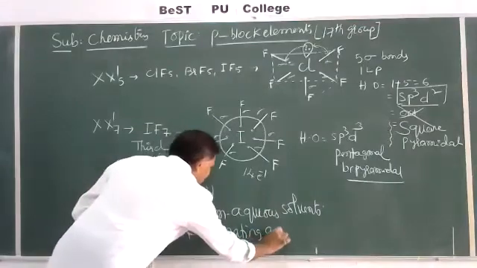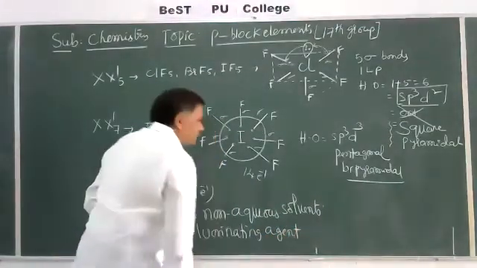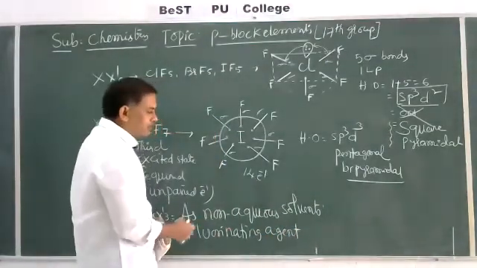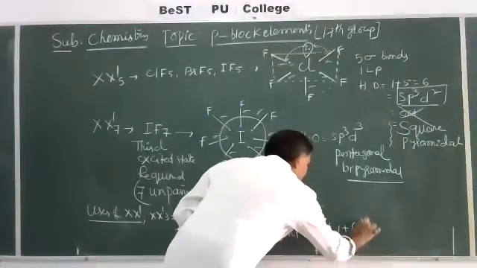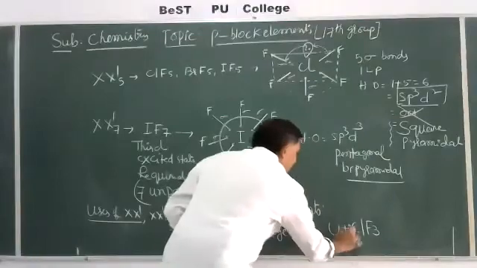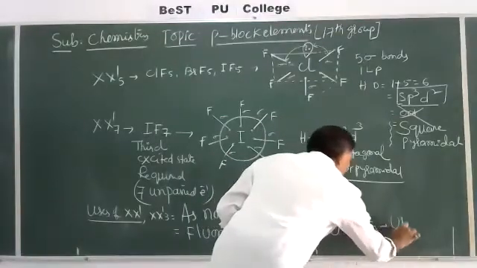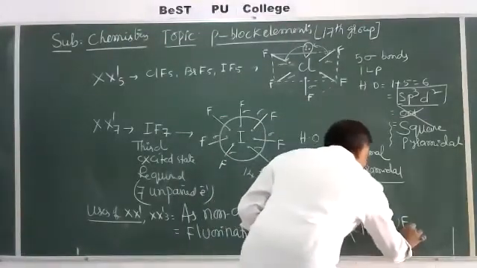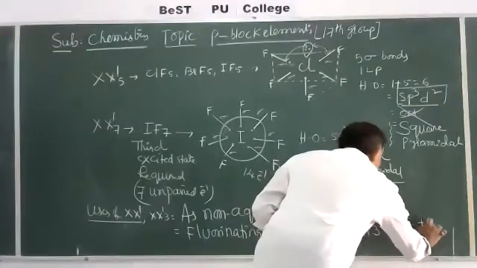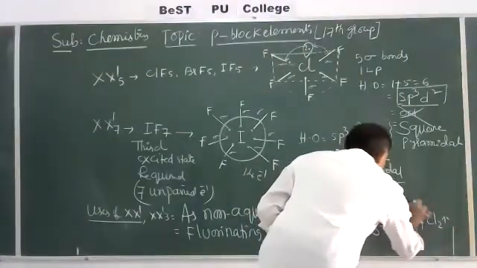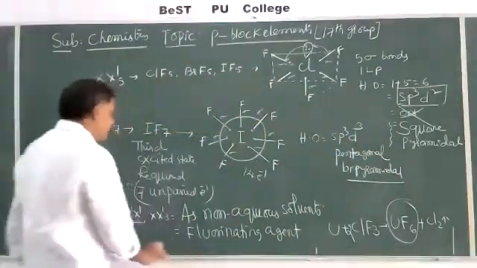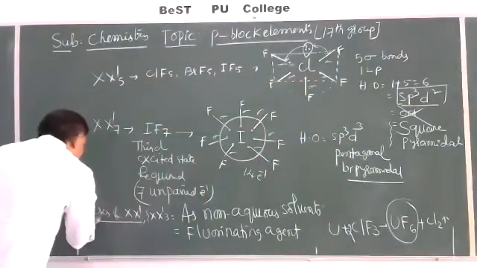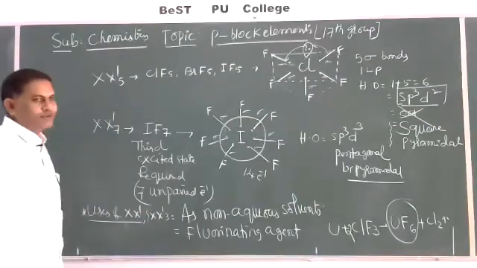For example, to enrich uranium in plants, uranium is reacted with 2 moles of ClF3, which gives UF6, and Cl2 gas is liberated. Uranium hexafluoride. These are some important uses of interhalogen compounds.